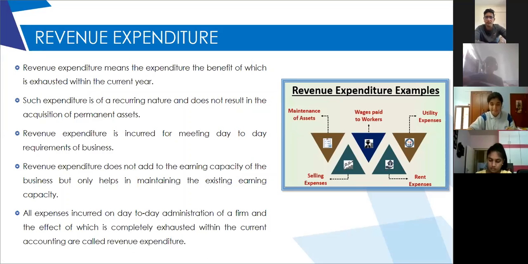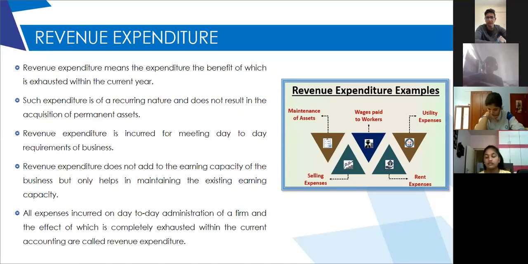First part, please underline in your book, page number 56. Revenue expenditure means the expenditure, the benefit of which is exhausted within the current year. It is of recurring nature and it does not result in the acquisition of permanent assets.